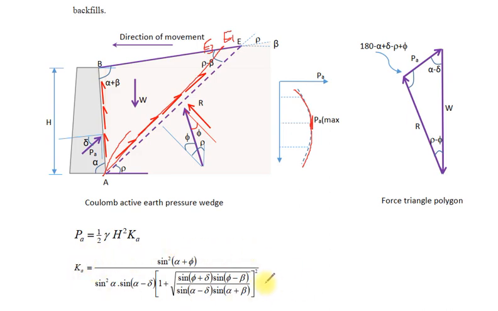For example, when beta equals 0 and alpha equals 90 degrees, we get K active equals (1 minus sine phi) divided by (1 plus sine phi), which is the Rankine active lateral earth pressure for a horizontal backfill surface and vertical back face.